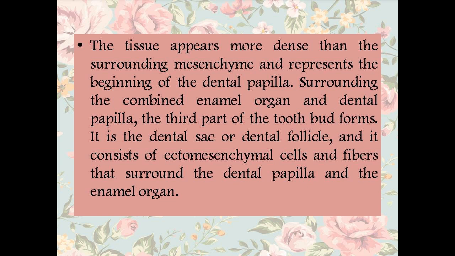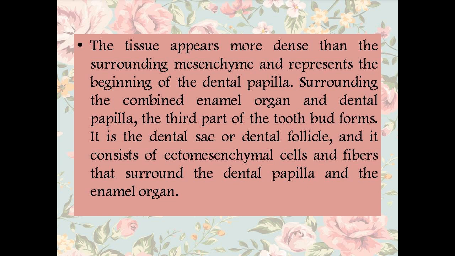Surrounding the combined enamel organ and the dental papilla, we see the third part of the tooth bud, that is your dental sac or dental follicle. So here we have come across three names. Your enamel organ will have an invagination on the inner side, where you see the ectomesenchymal cells proliferating, forming your dental papilla. The enamel organ and the dental papilla together are covered by another structure called the dental sac or dental follicle.